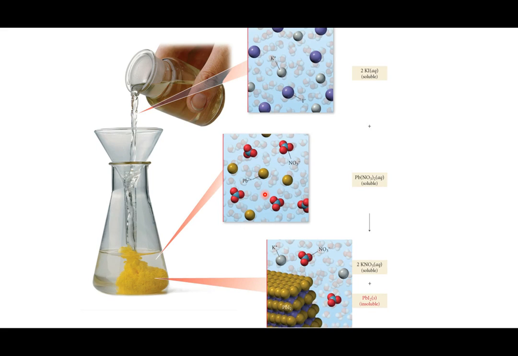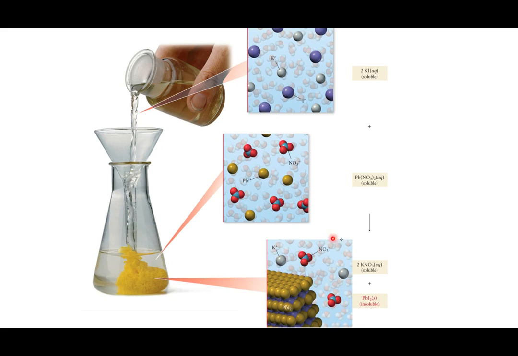As soon as our potassium iodide hits the lead nitrate, that's when they flippity-flop partners, and we see this yellow solid form in our solution, right? So this yellow solid is that insoluble compound. It's that lead iodide that's crashing out of solution.